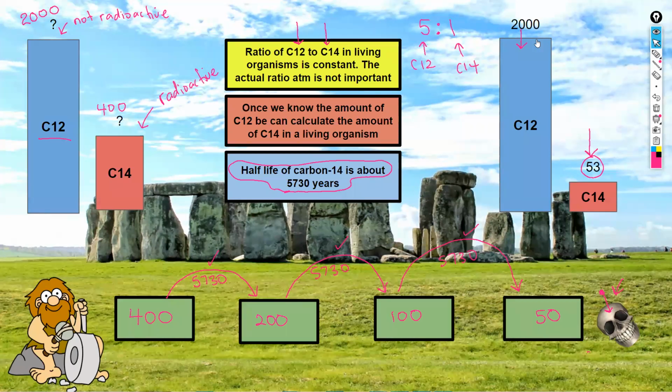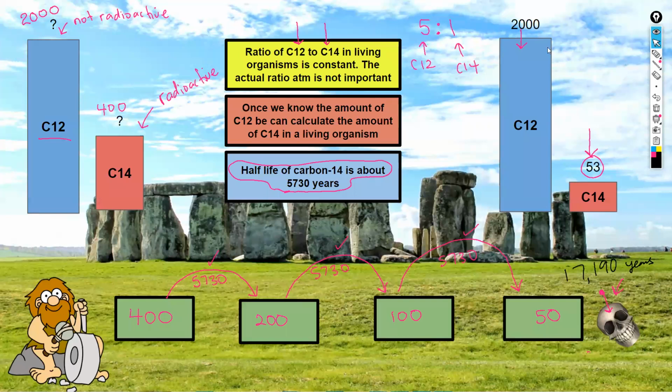The only reason we care about the carbon-12 is so that we could predict how much carbon-14 it had when it was living. So 5,730 added 3 times, and we get this amount. So these bones are this old. It's 17,190 years old. So that caveman died a long time ago.